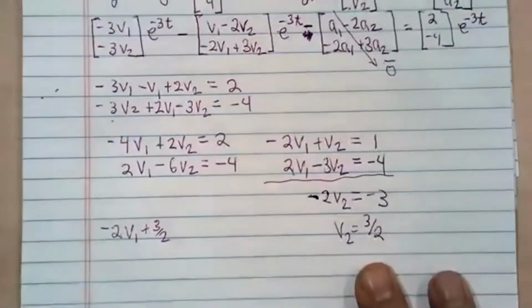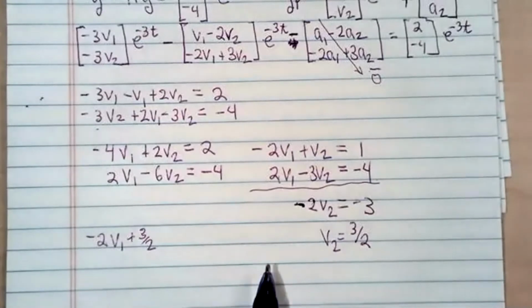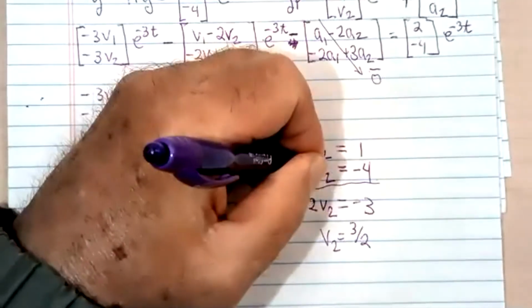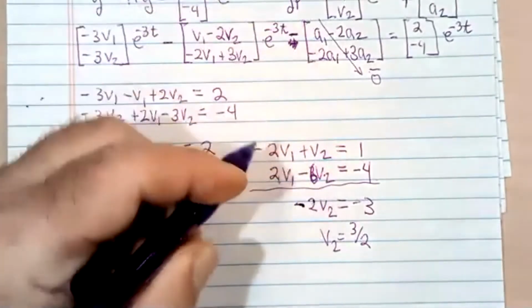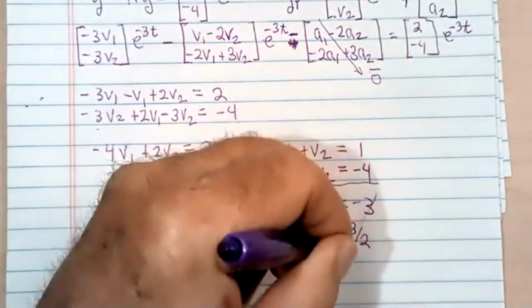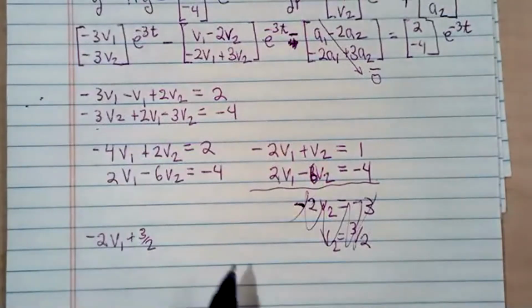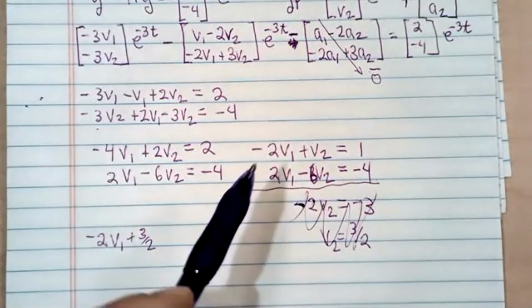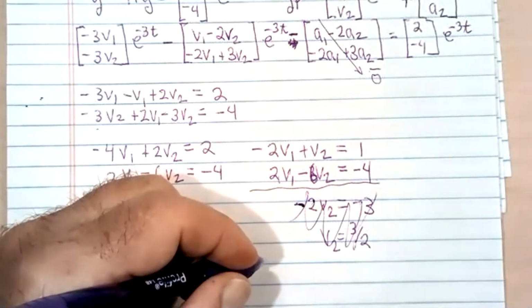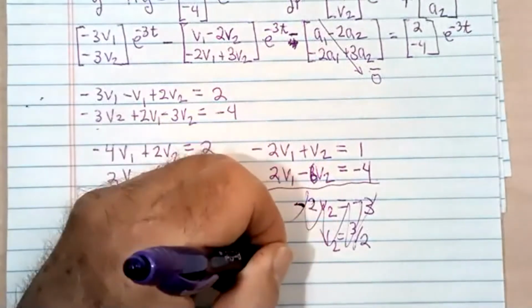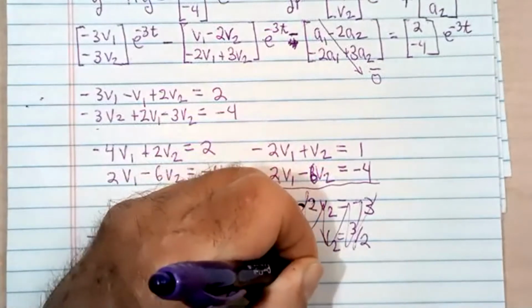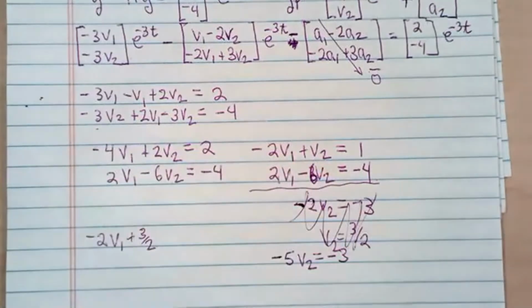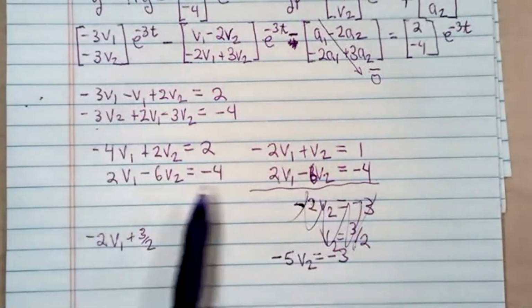Yes, it is. Thank you. That makes that all wrong. So this plus this still adds out. So I get minus 5v2 equals minus 3. Now what happened here?